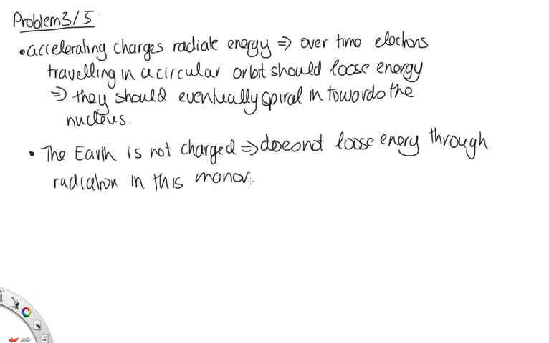Now, the Earth does have mass, and it is predicted that it should lose a small amount of energy through gravitational radiation, but this hasn't been observed yet. And the energy it loses through radiating gravity waves is much, much lower than the energy lost by an accelerating electric charge. Okay, we're on to the past exam question.